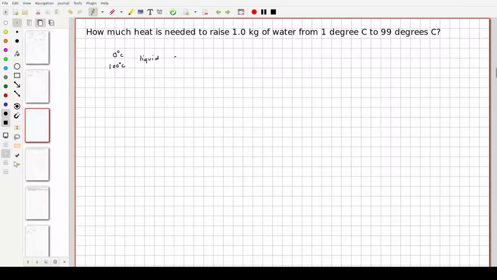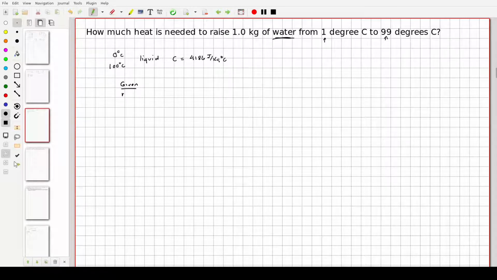As a consequence, I know that I have a specific heat of 4,186 joules per kilogram degrees Celsius. So when I read my problem, one of the first questions I need to ask, other than what material I am dealing with, is what's my temperature range, and do I have a change of state within that range? In this case, we do not.